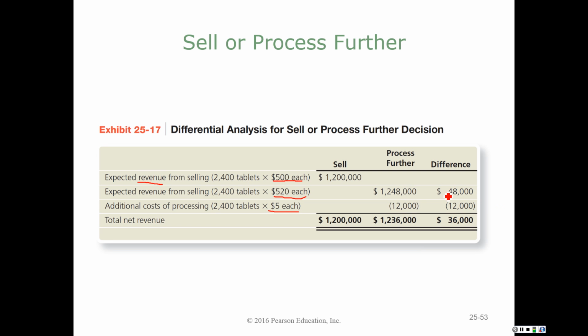It's nice that I can generate additional revenue, but what are the additional costs that I have to incur? In this situation, the additional costs were $5 each, so the additional cost for the tablets, my incremental cost, is $12,000. Incremental revenue less incremental cost generates incremental profit of $36,000 if I decide to process this product further. $1,236,000 is compared to $1.2 million.